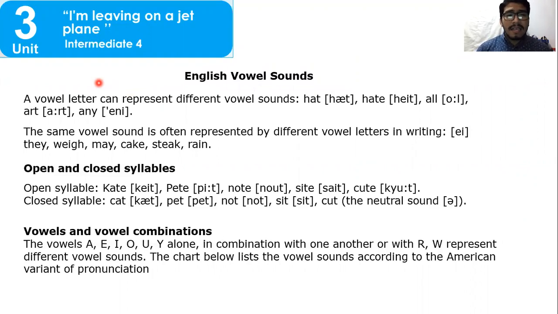Las sílabas. Remember syllables in English are according to the pronunciation. Recuerden que en inglés las sílabas se manejan de acuerdo a la pronunciación. Por ejemplo, shoes. Shoes es una sola pronunciación, por lo tanto es una sola sílaba. Me dejo entender. Entonces se manejan así.